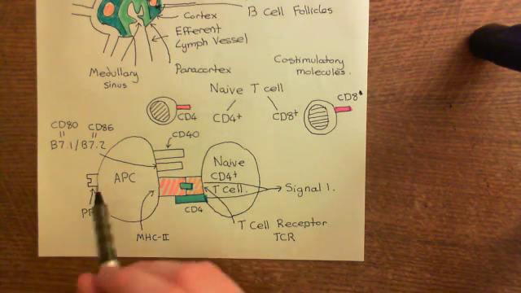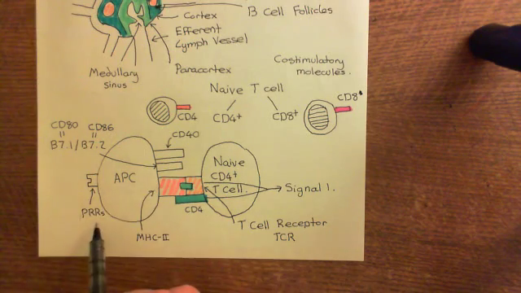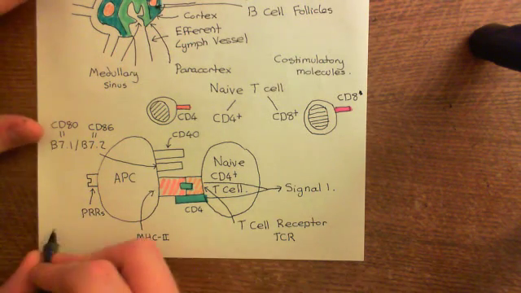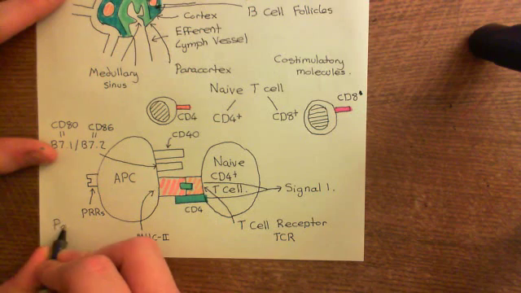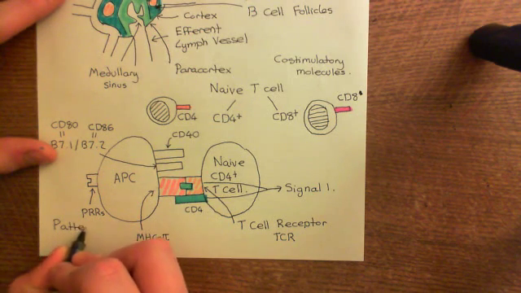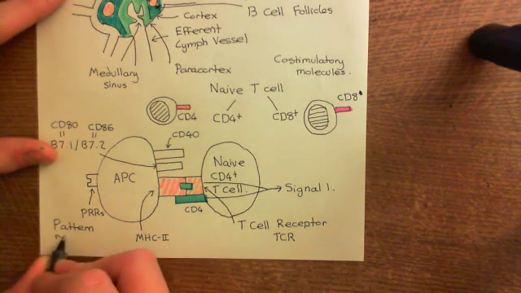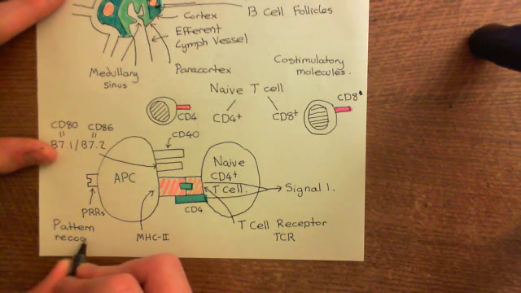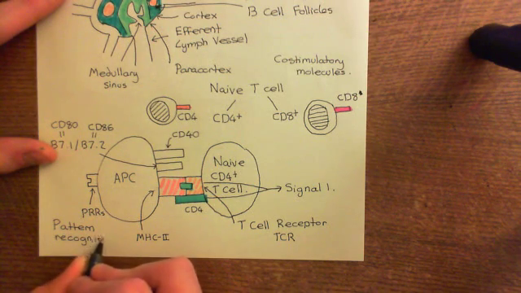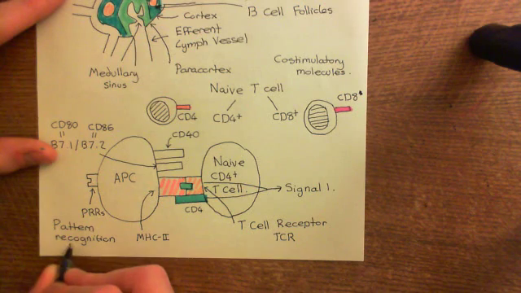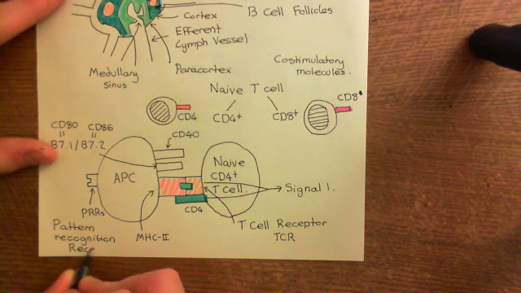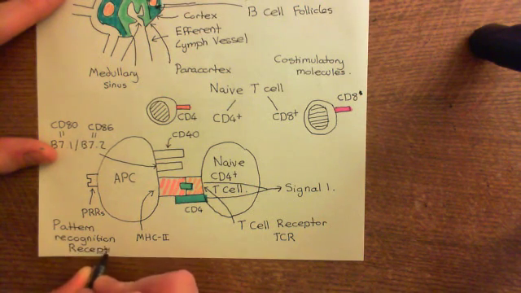Instead, in order to get the expression, you have to activate what are known as PRRs, and PRRs stands for pattern recognition receptors. Now, antigen-presenting cells have a huge number of different pattern recognition receptors, and they all bind to molecules which are collectively known as PAMPs.